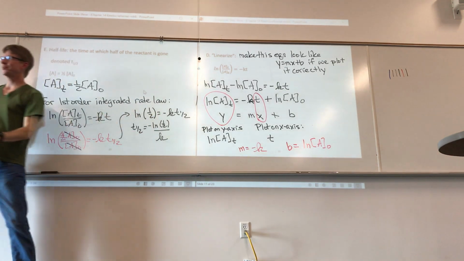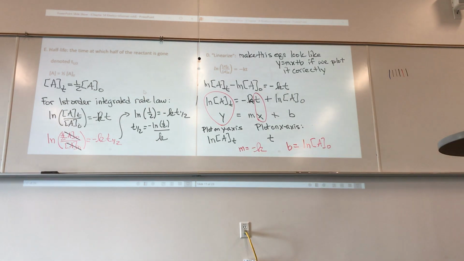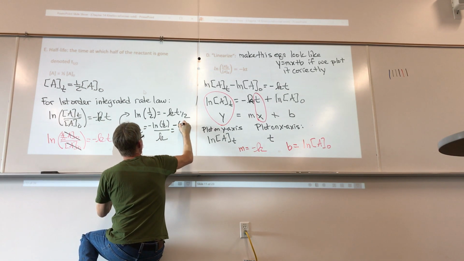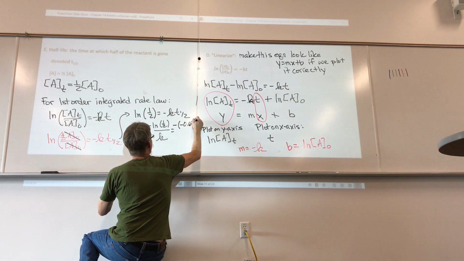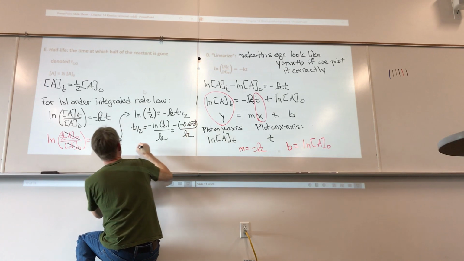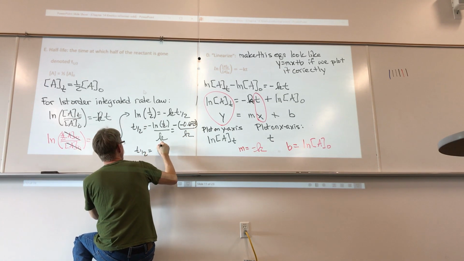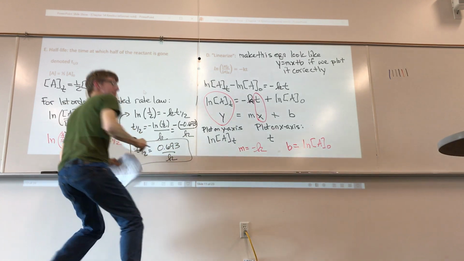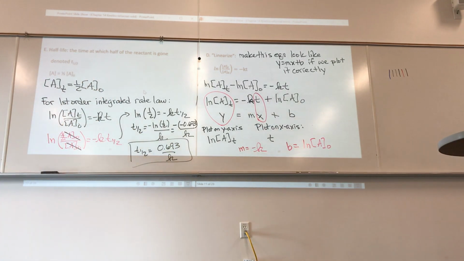Now the natural logarithm of half is negative 0.693. That's going to add another negative, so my answer will end up being positive. And I get an equation for the half-life, which equals 0.693 over k.